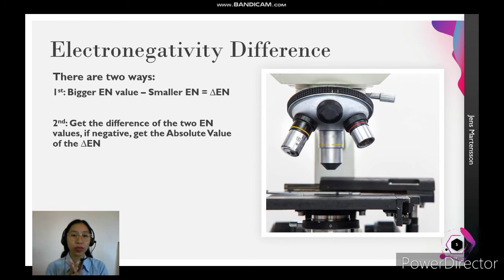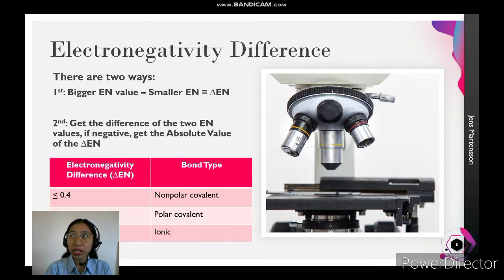Basta get the difference of the two EN values, and then if negative ang imong makuha, get the absolute value of the EN. Remember, pagkwaon na to ang absolute value sa imuhang any nga number, kay mahimo siyang positive. So, basically, kung negative ang answer, imuho lang siyang himuon nga positive. Kwaon nimo ang iyang positive nga value. And then, ang EN difference is mo ni siya ang ato ang makuha.